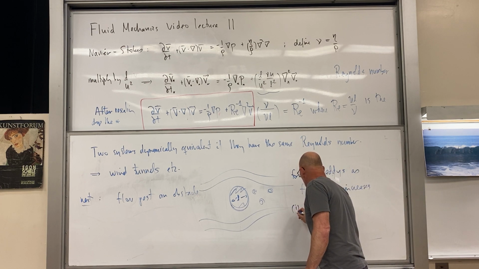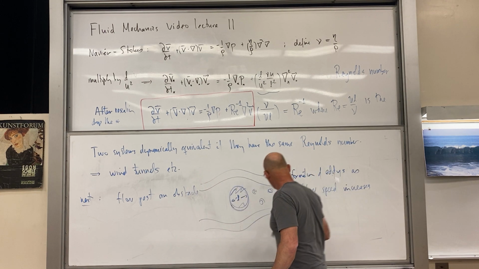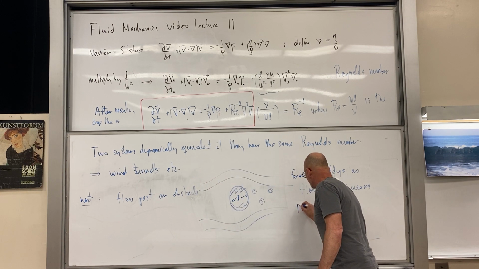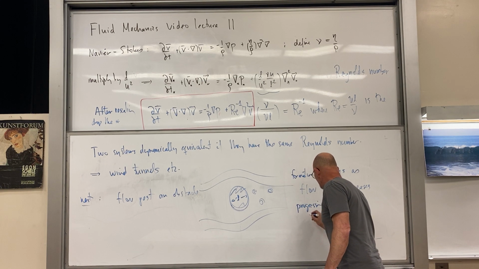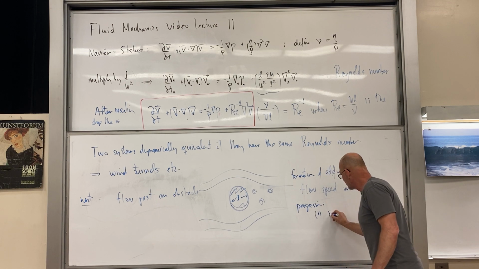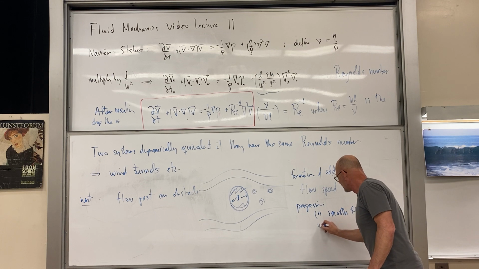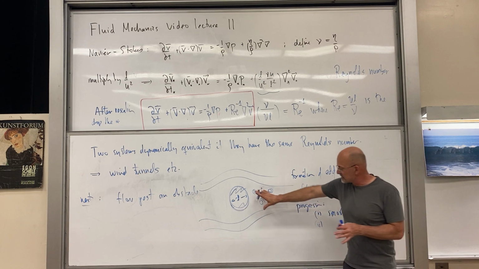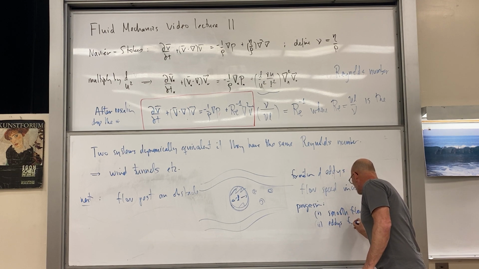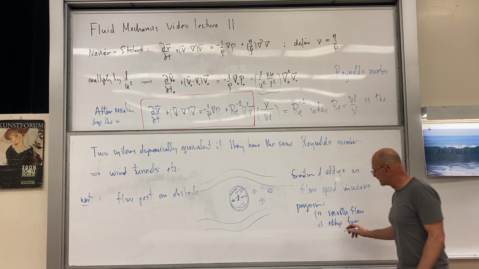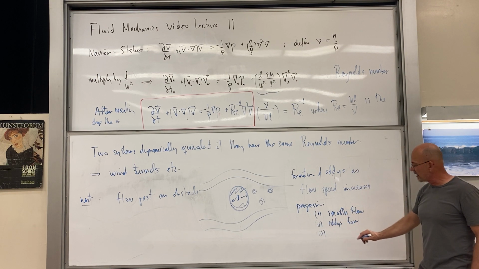There's a progression that goes like this. You'd have smooth flow, and then you get the formation of these structures. Eddies form, little vortices, and then these eddies detach and are carried downstream.